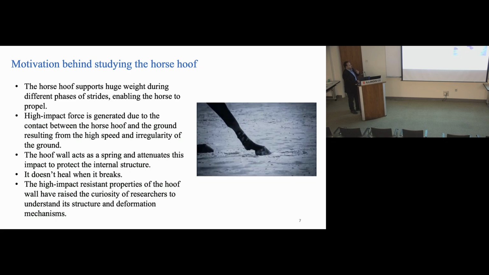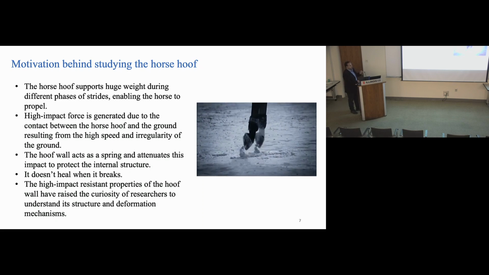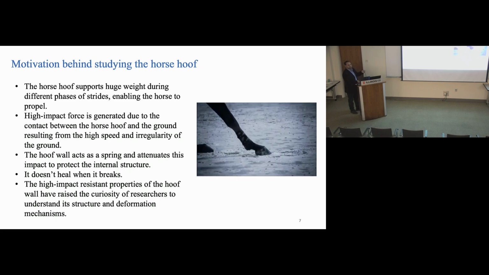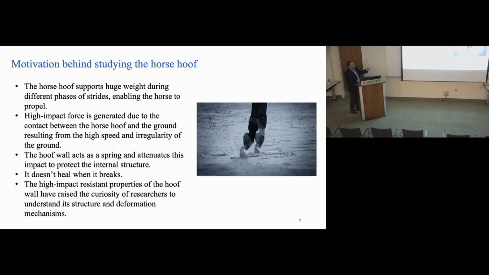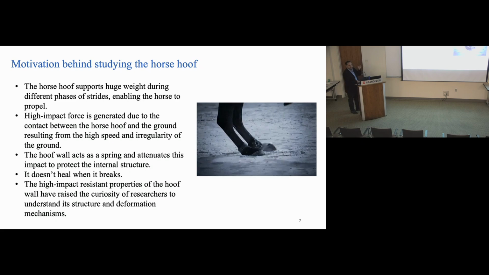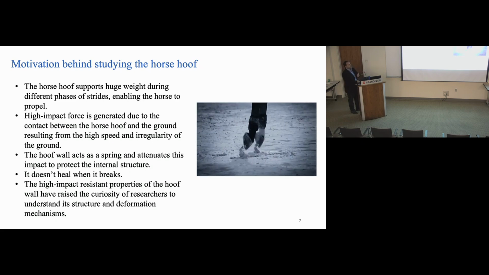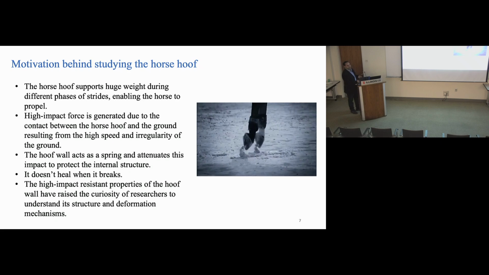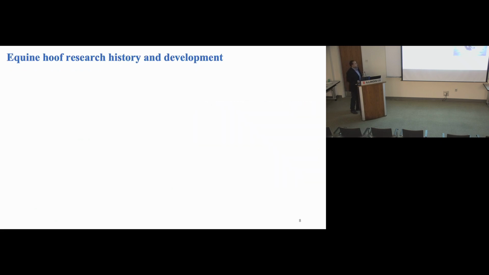So this high impact resistance property in the hoof attracted a lot of researchers to study what is going on there, because if you understand the materials or how this structure is built, you can make exactly the same thing, a kind of material that can withstand high impact forces.